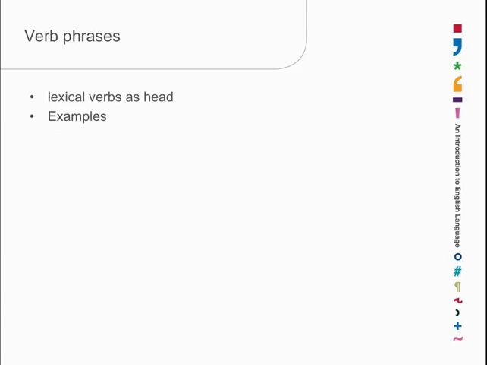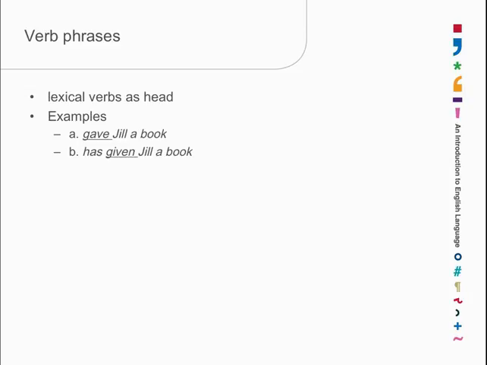For example, gave Jill a book as a verb phrase. It's basically about giving something, and so give is the head. Has given Jill a book is also a verb phrase with give as the head, and we'll notice that it's changed its form. This allows us briefly to revise this notion we had earlier between a lexeme, the lexeme give, and grammatical word forms.